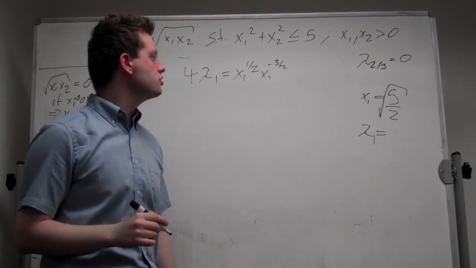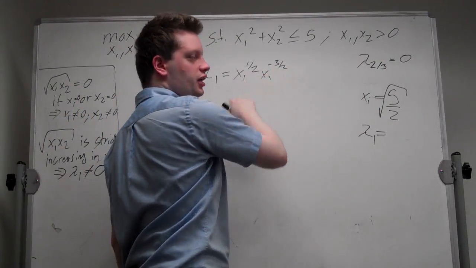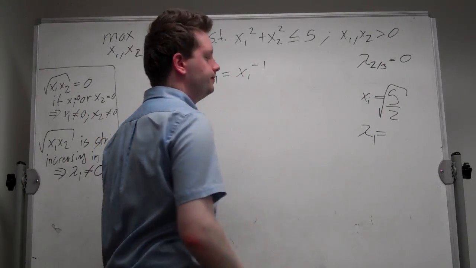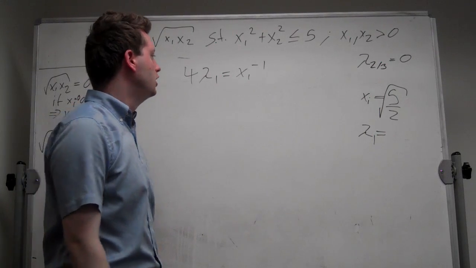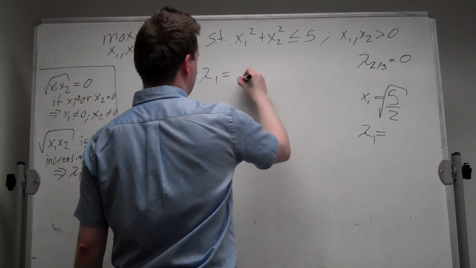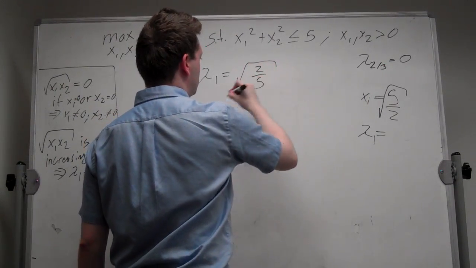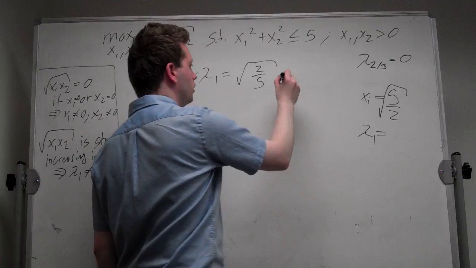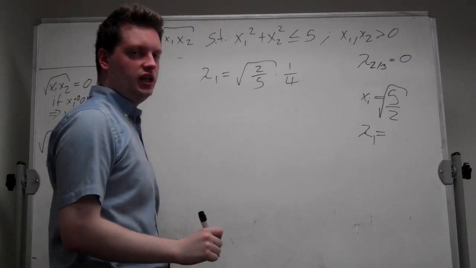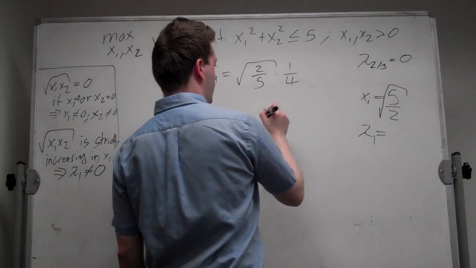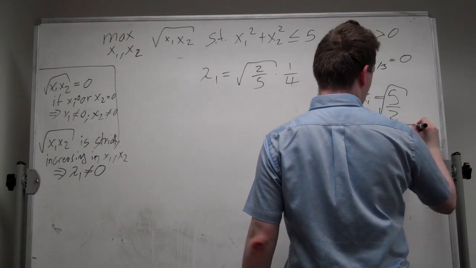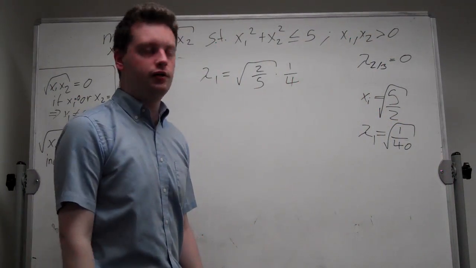I get exactly the same result, but then I can multiply these two, which leaves me with x1 to the minus 1. Okay, nothing is easier than that. That's just the square root of 2 over 5. Now I need to divide it by 4 times 1 over 4, because here's 4 lambda 1, and I get my lambda 1, which I can rewrite as 1 over 40, or the square root of 1 over 40.